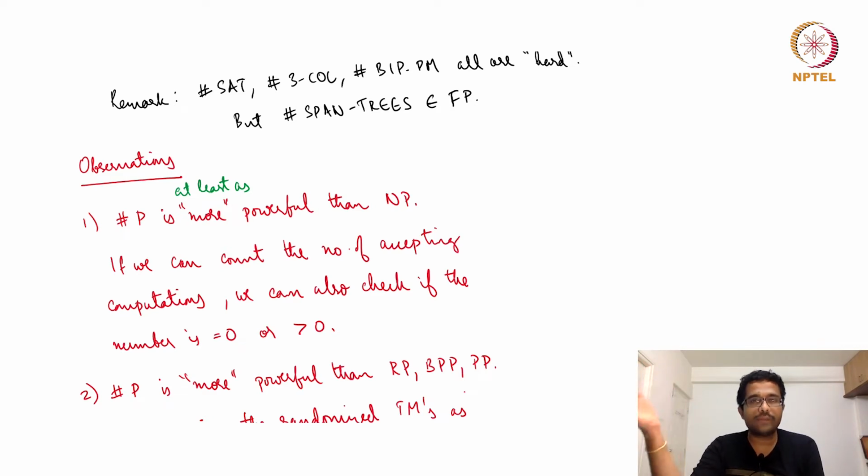So if we can count the number of satisfying assignments, we can check whether the number is 0 or more than 0. So if we can count, we can certainly decide whether it is satisfiable or not. If we can count the number of proper 3-colorings, we can certainly decide whether that number is 0 or greater than 0. So #P is at least as powerful as NP.